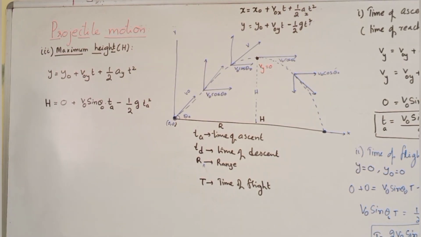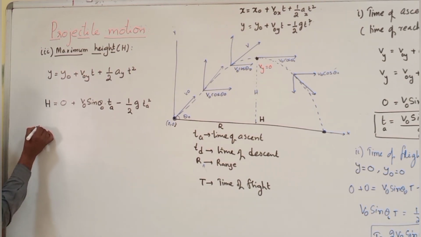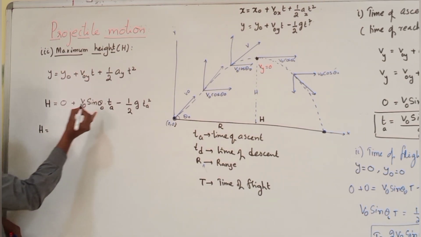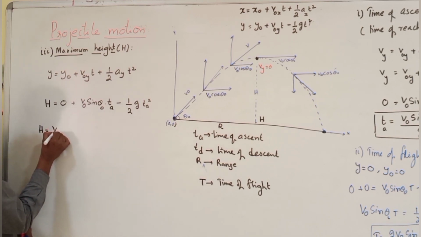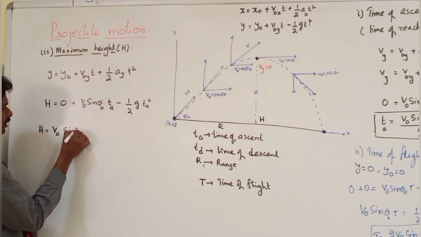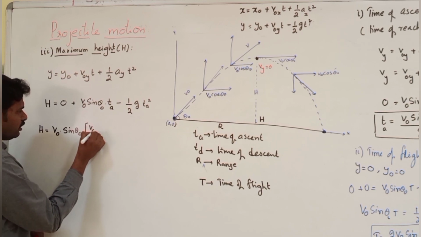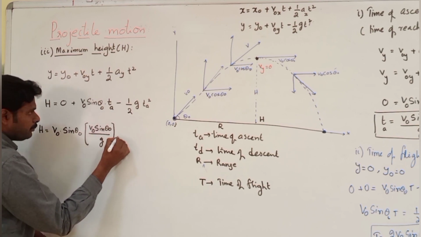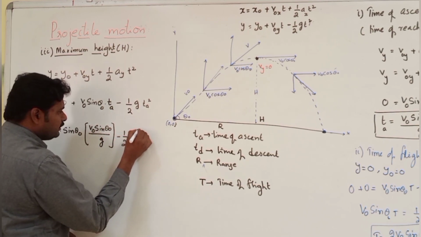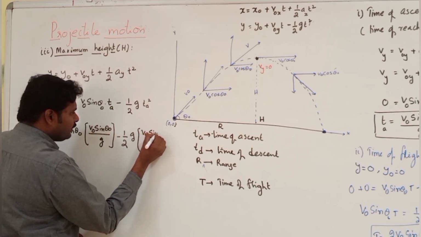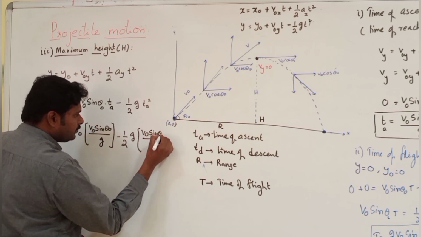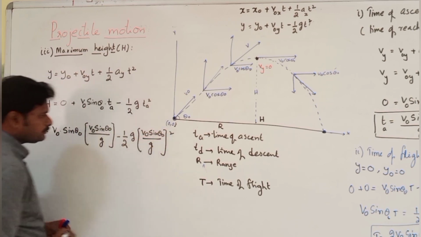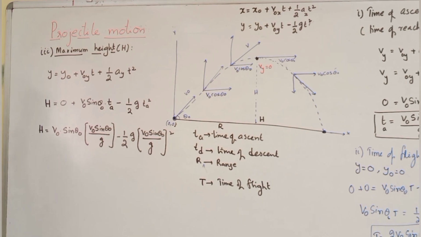Right? Now just substitute T A from the derived formula. What is T A? v naught sin theta naught by g, minus half g, v naught sin theta naught by g, whole square. Just simplify it, you will get it.